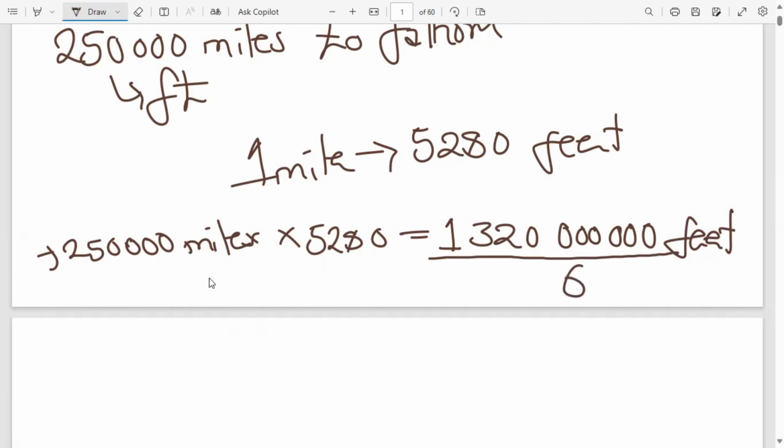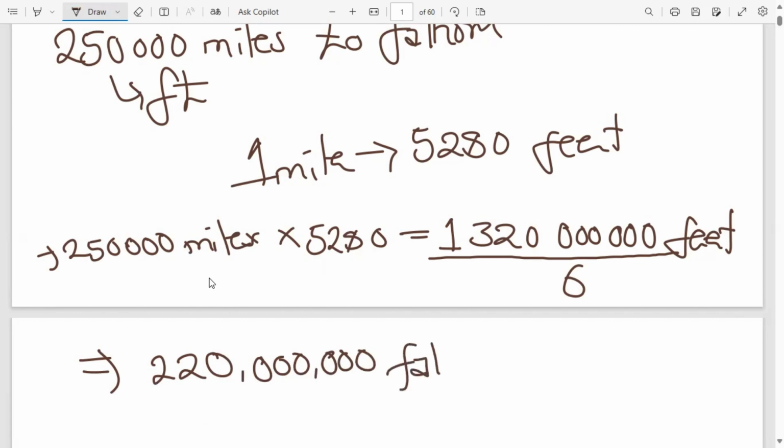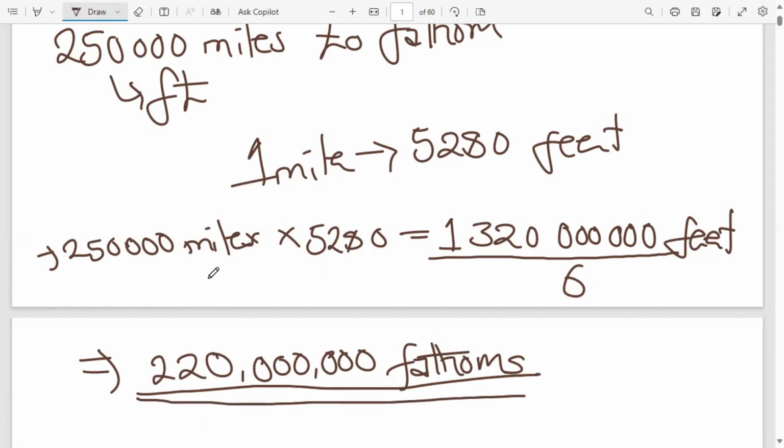We get a distance equal to 220 million fathoms. So the distance from the Earth to the Moon is 220 million fathoms. Okay, so that was question one.